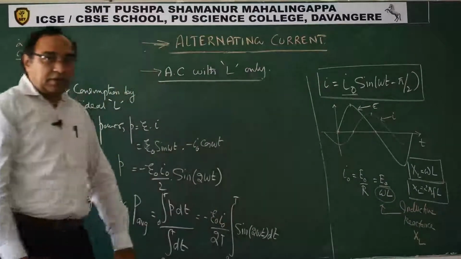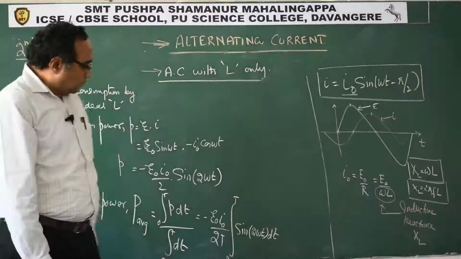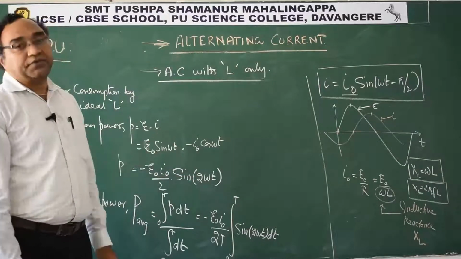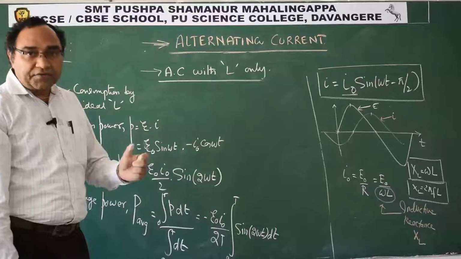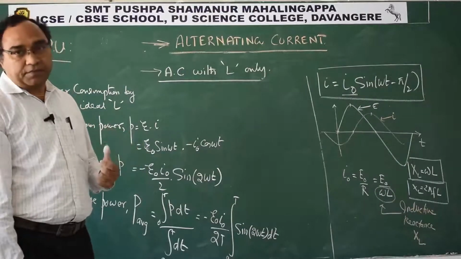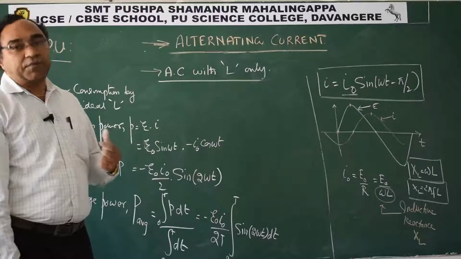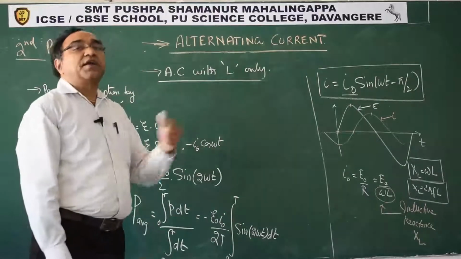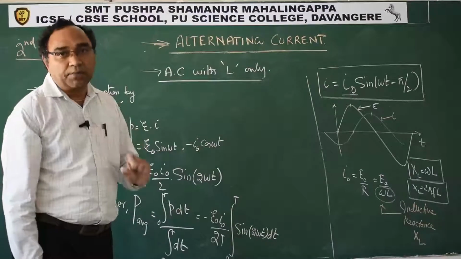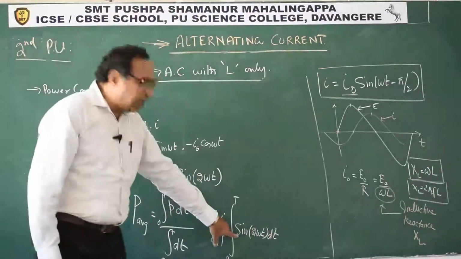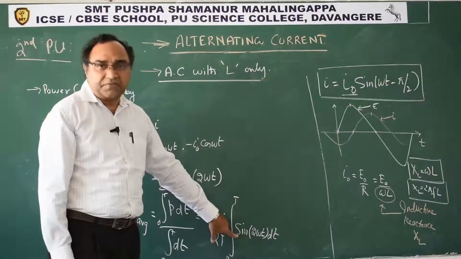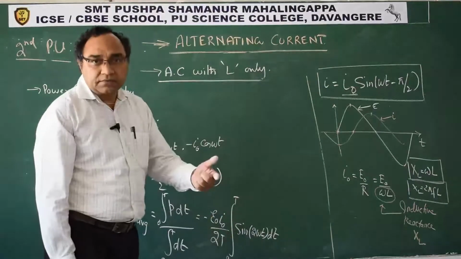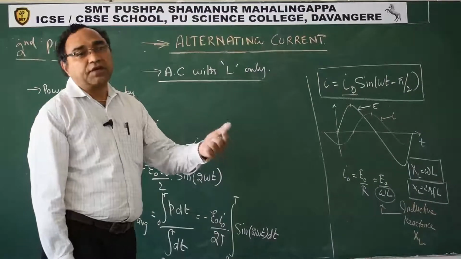This is what we have. There are two ways by which we can evaluate this integration. One is our understanding, our concept. If our concept is clear, in one step, within seconds, we can write the answer. The second is the mathematical approach. Go on integrating this, no big deal. It's a single function, sine 2 omega t. Integrate it, pass on the limits, evaluate it.